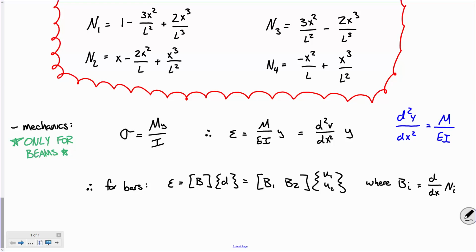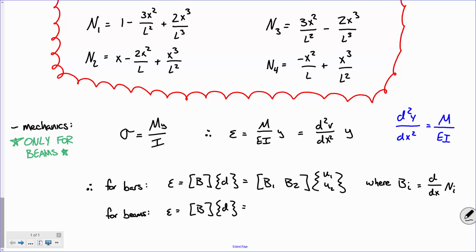For beams, I'm going to say the following. I'm not changing my definition of this at all. But what I am saying is this.